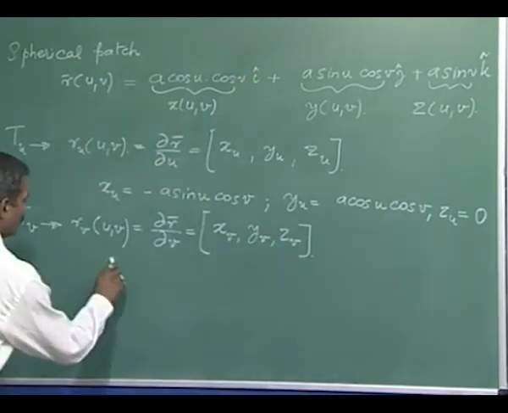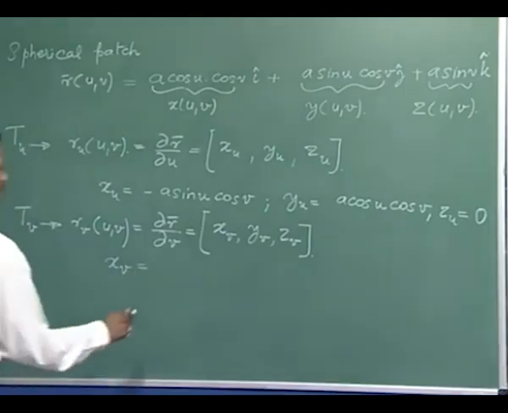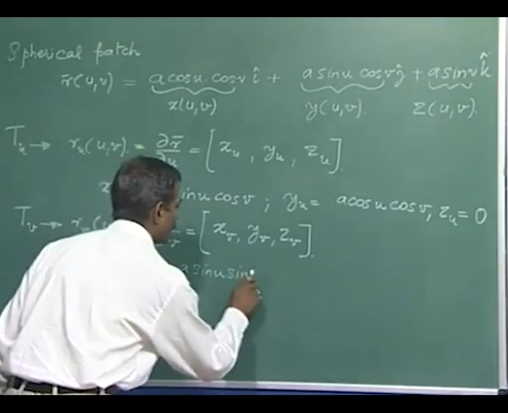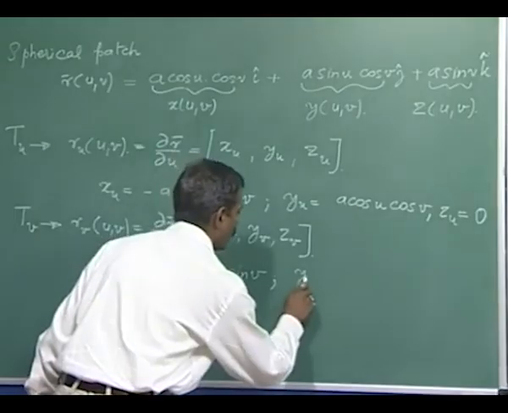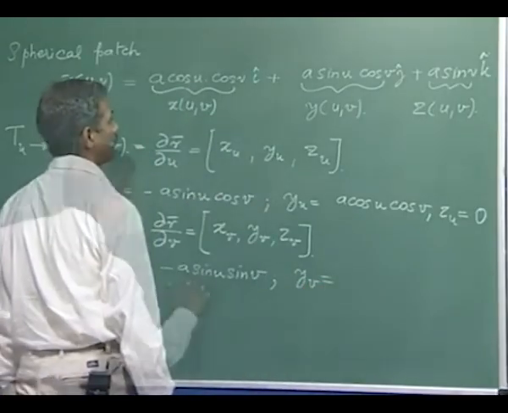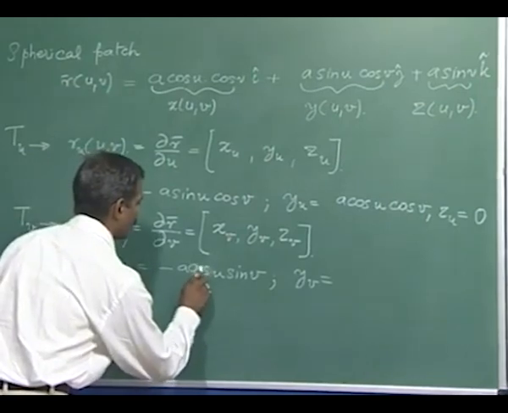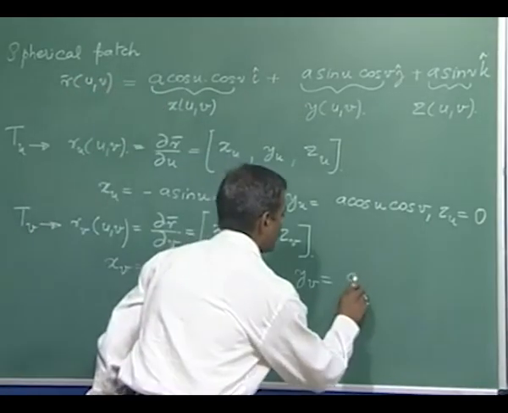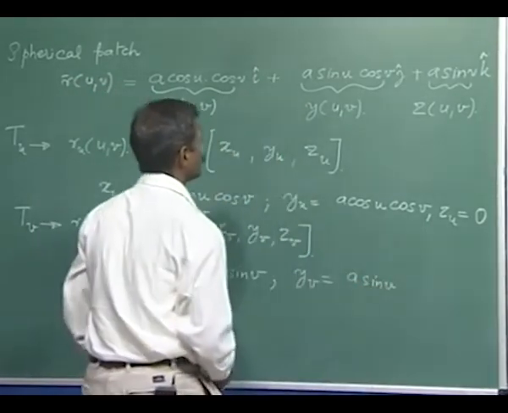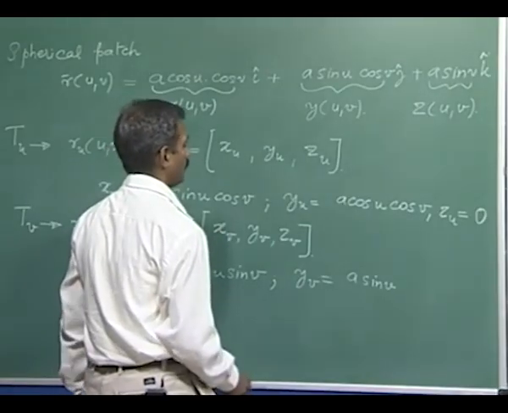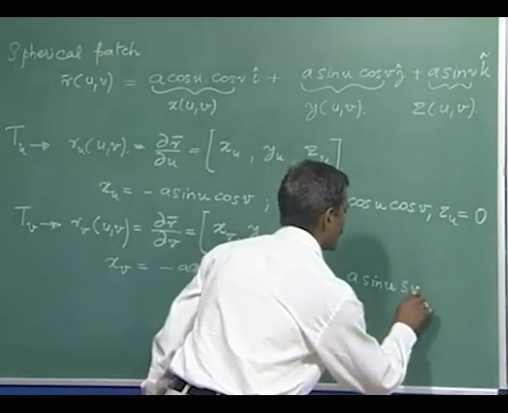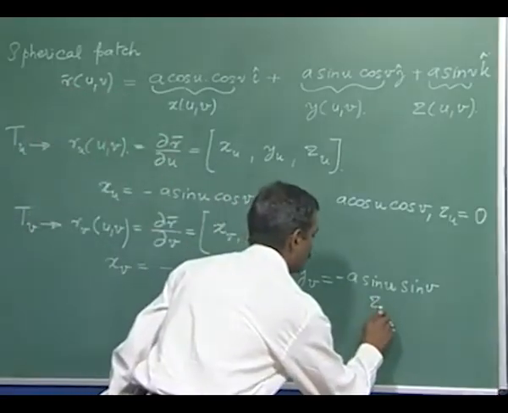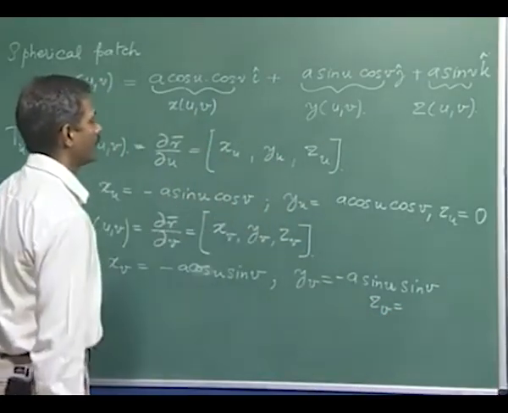So x of v equals minus a sine u sine of v. y of v equals a sine u sine v with a negative sign, and z of v equals a cosine v.